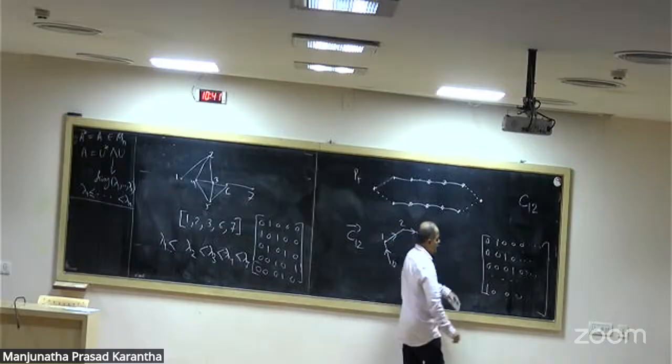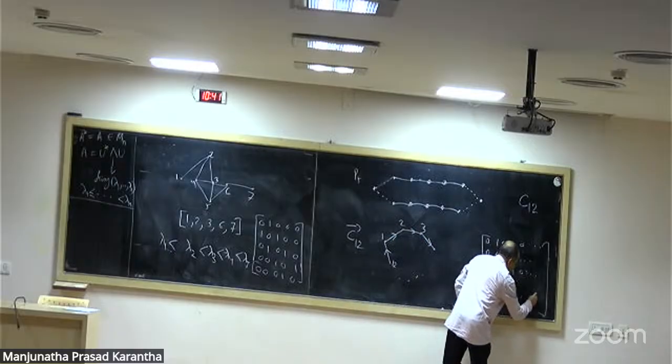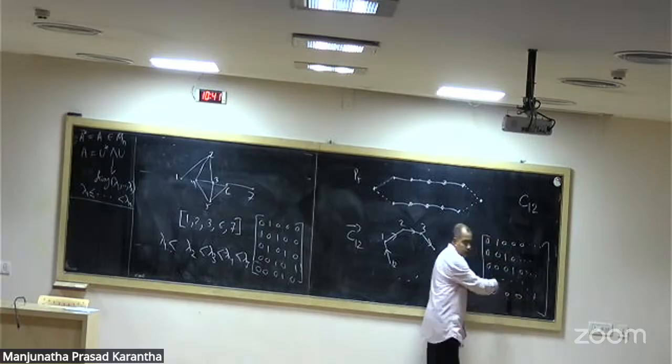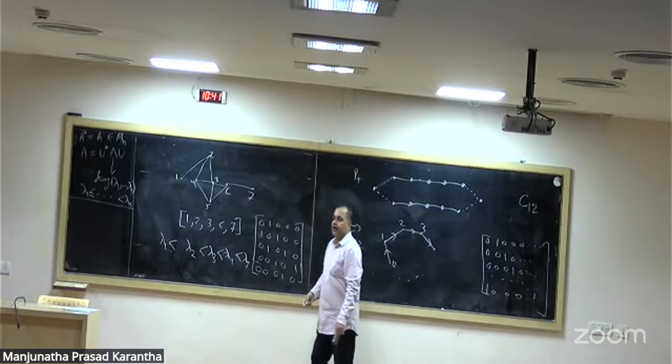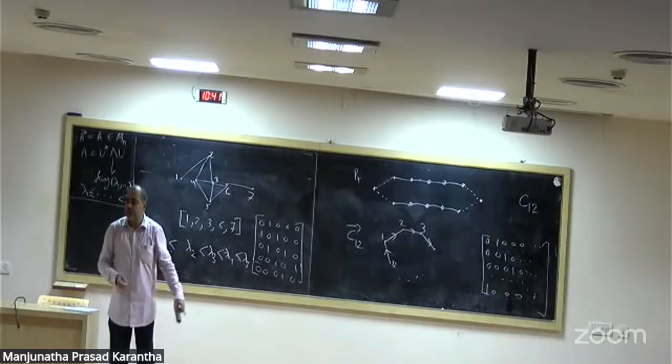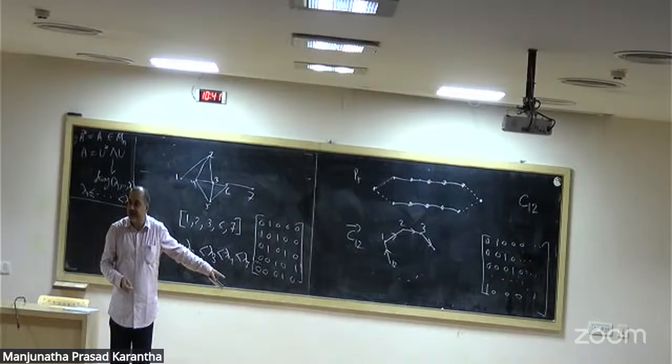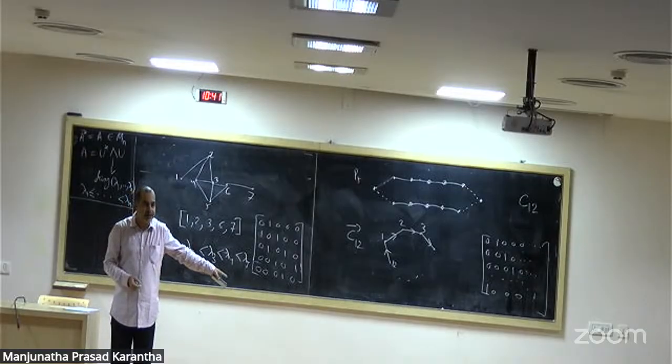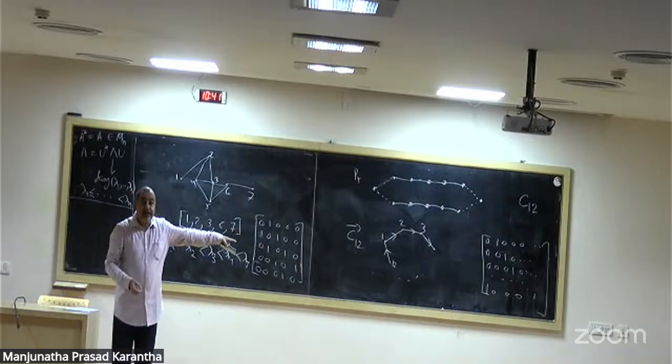It will go up to this, and then the last one will be like this. So, the directed adjacency matrix of a directed segmentation. Now, these ones I can tell you.